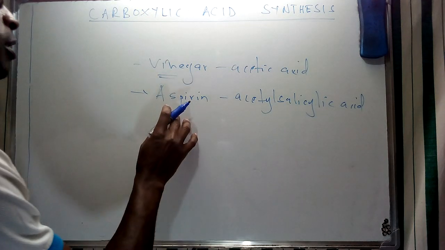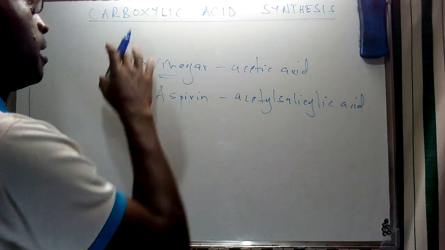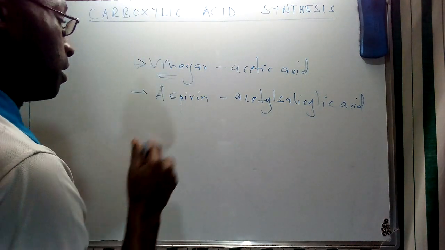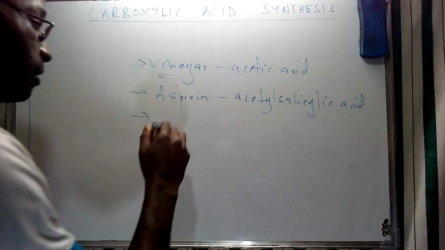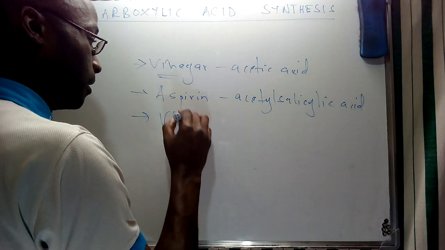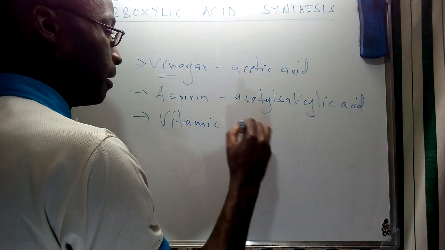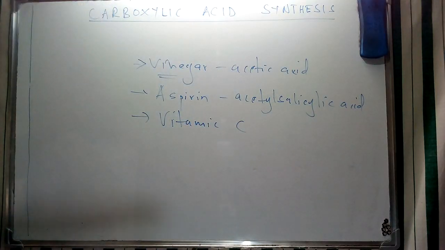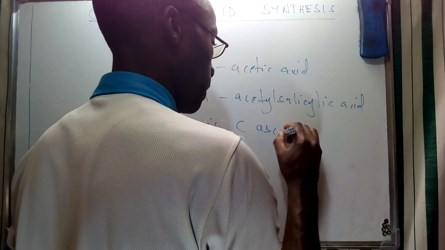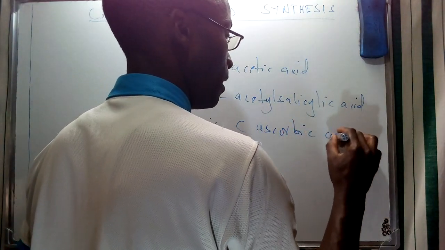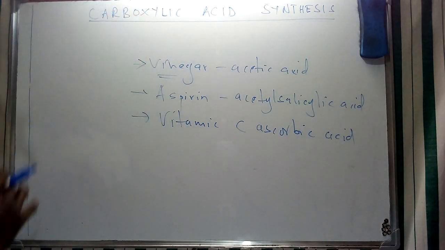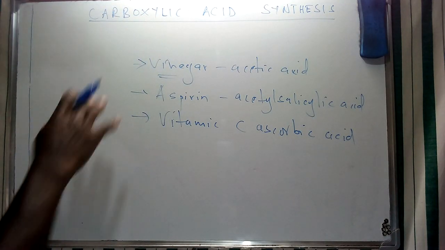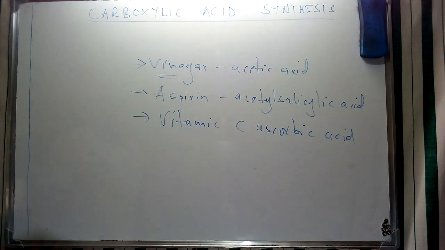So in the pharmaceutical industry, we're going to see this carboxylic acid compound being used widely. And also in some of the supplements like vitamin C that we normally take as a supplement in our foods, this contains what we call ascorbic acid, which is of course a carbonyl compound that falls under the category of carboxylic acids.